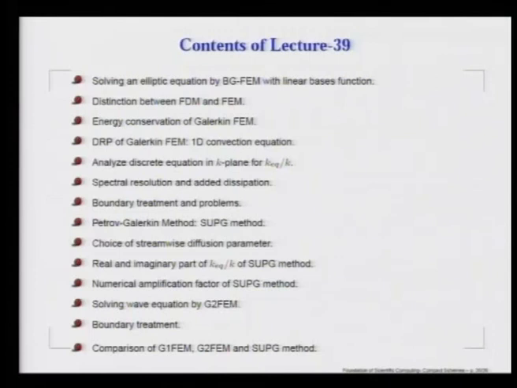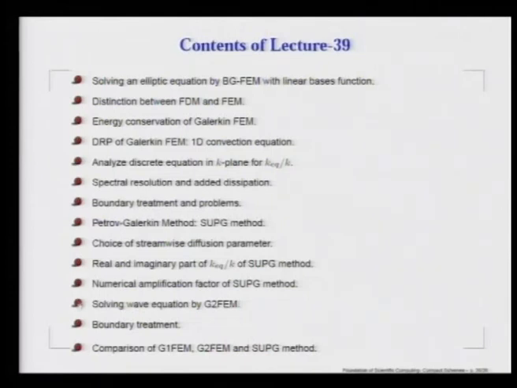Using those values of streamwise diffusion parameter, we can obtain the real and imaginary part of k equivalent by k of SUPG method and work out the numerical amplification factor. We can notice that this is a very dissipative method and which will not be able to solve 1D convection equation at all.